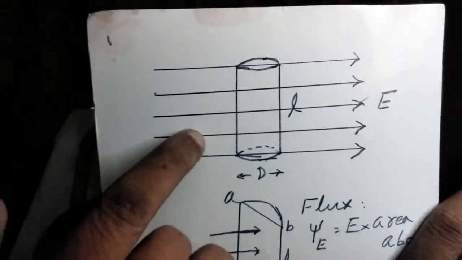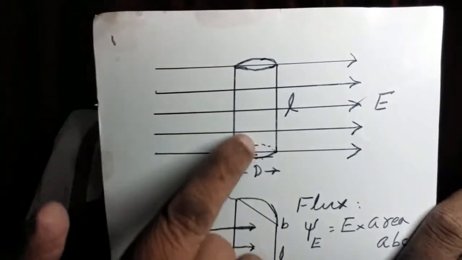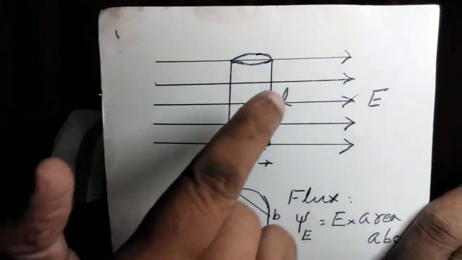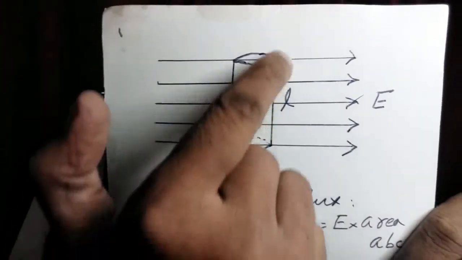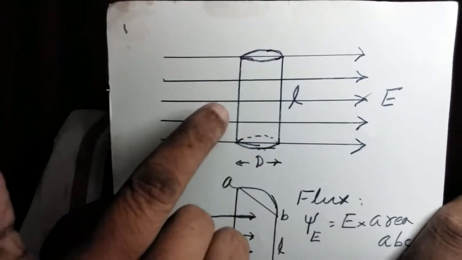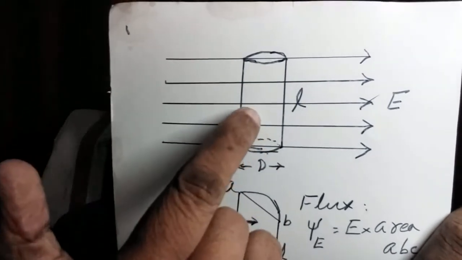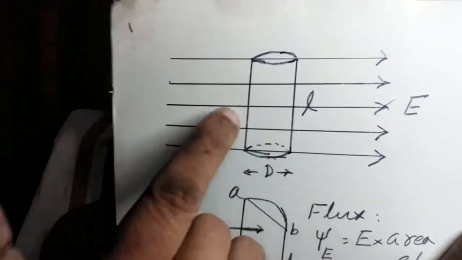Now the total flux crossing the cylindrical volume will be 0, because the total flux entering this side of the cylinder will be equal to the total flux leaving this side. So here it is minus, here it is plus, the total will be 0.